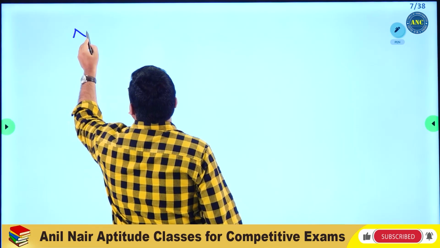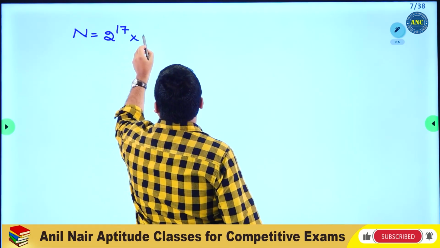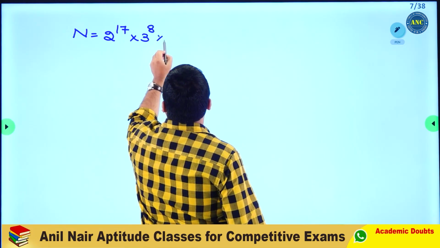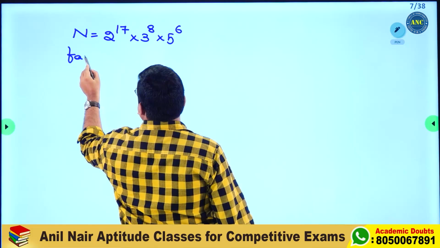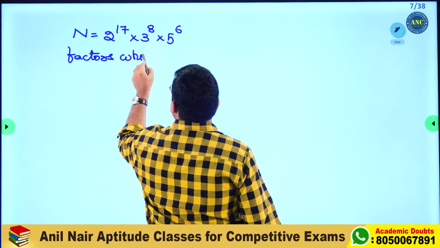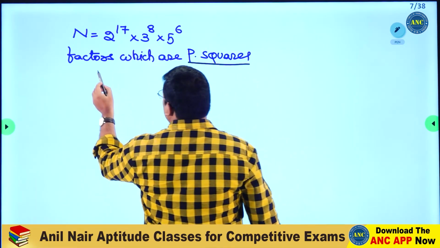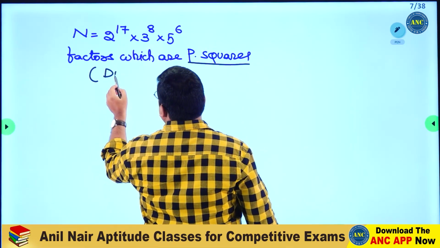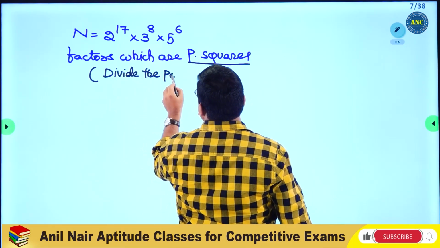Suppose the question is n is equivalent to 2 power 17 into 3 power 8 into 5 power 6. Factors which are perfect squares: divide the power by 2 and add 1.